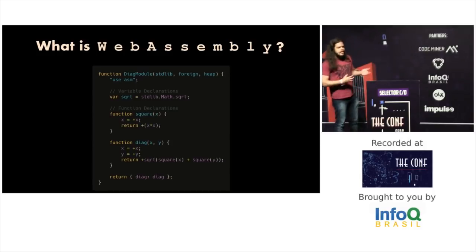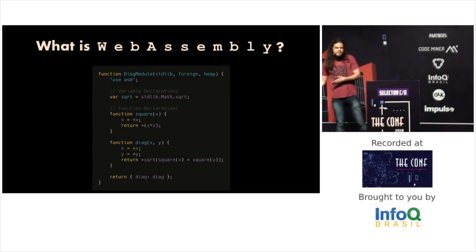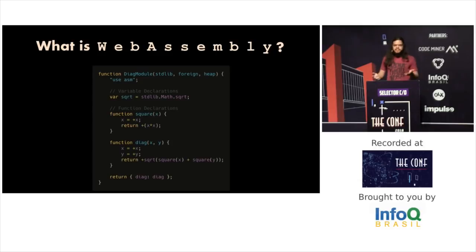You can say use awesome, and if the browser supports it, then your JavaScript will be parsed as awesome.js, which will be supposedly better optimized. And if the browser doesn't support that, it's just a random string. It just gets ignored, and that's it.